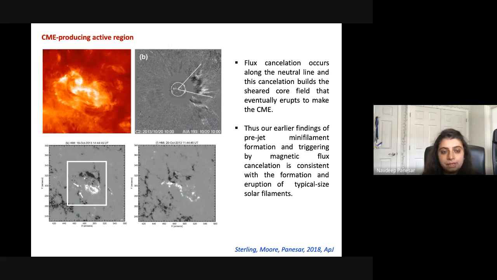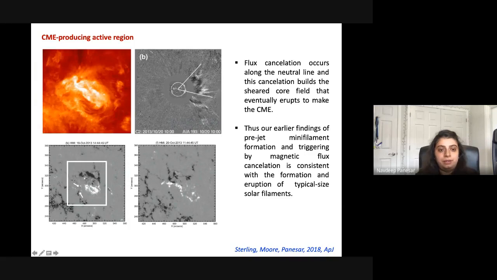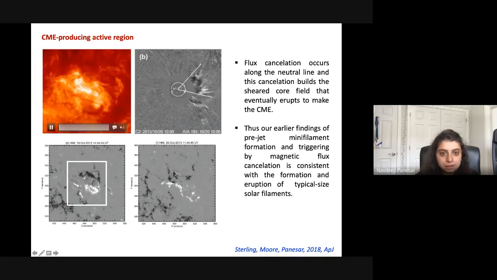And we find that after 2 days of emergence, the flux starts to converge and cancel. If you see here, this is the HMI magnetogram on 18th October, and after 2 days, you can see how much they converge. The flux convergence and cancellation at the neutral line leads to the formation of a solar filament, this one, and further cancellation drives the CME-producing eruption.